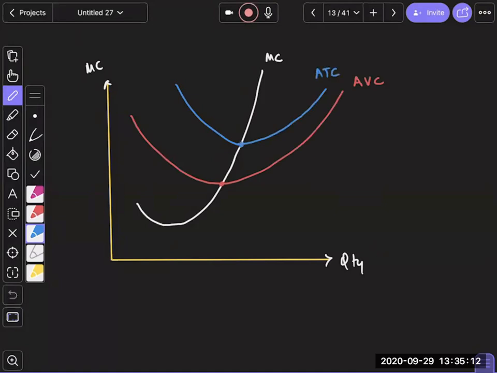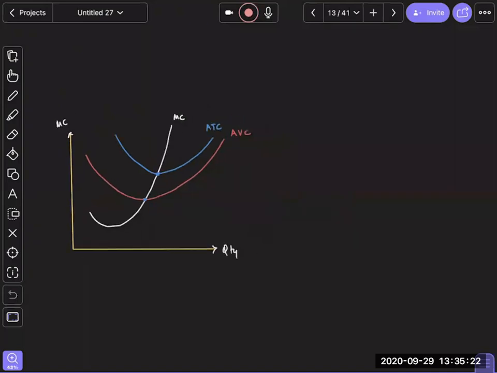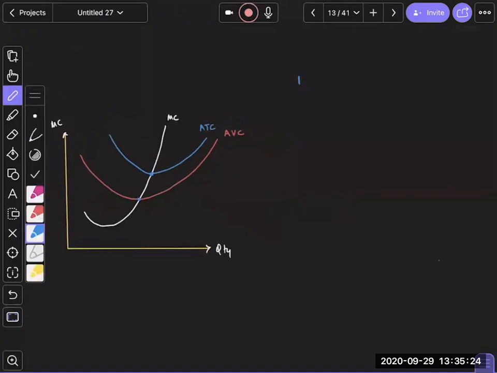Okay, so I'm going to make these three graphs like this, and I'm going to write the observations. Number one, ATC is above AVC.